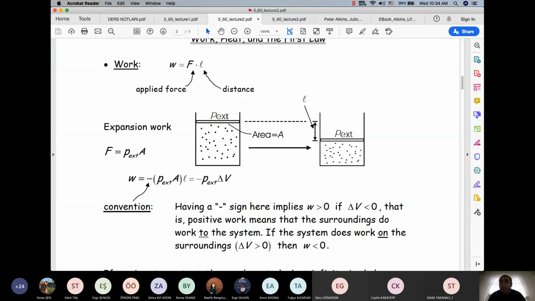But if the external pressure and the system's pressure are almost the same at any point, and you are still evolving the system from one point to another, then you are still doing compression, but now reversibly. At any point, you can reverse the process. And the work done by a reversible process is always the maximum work that you can get out.